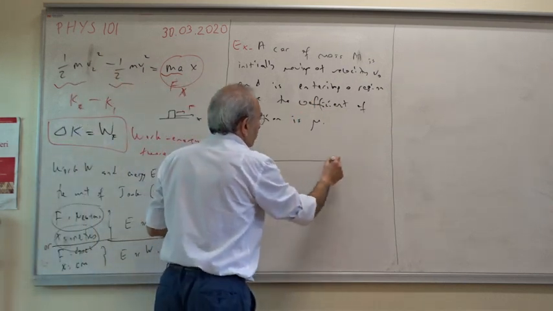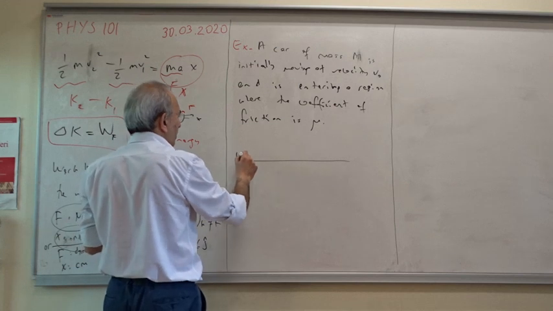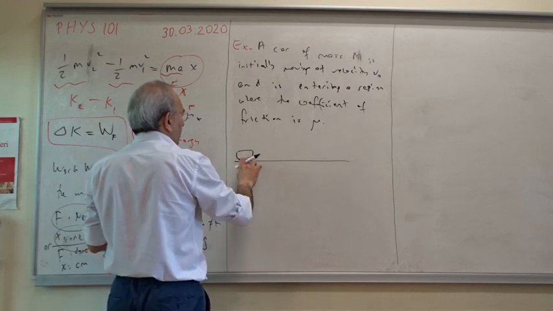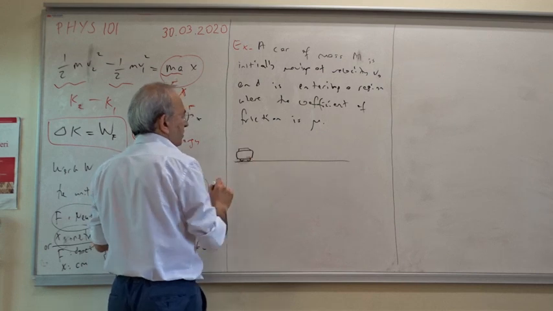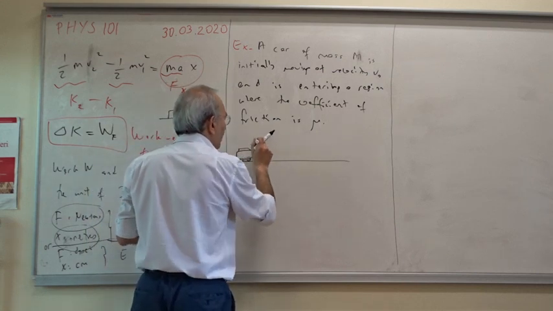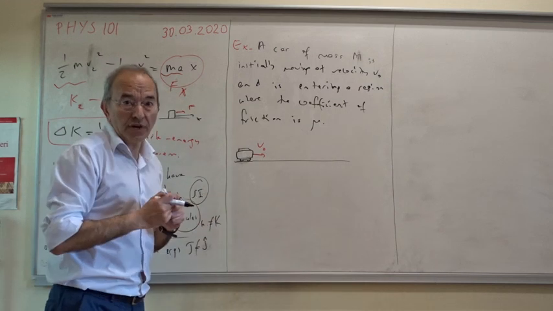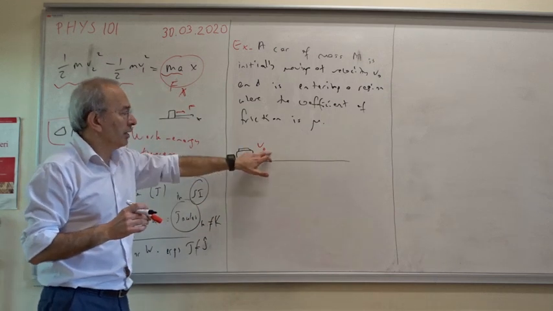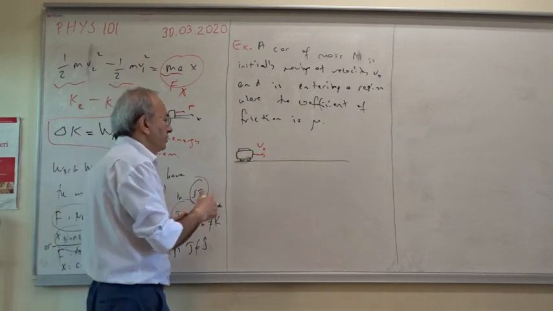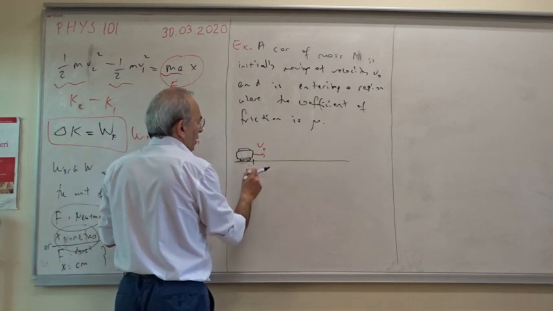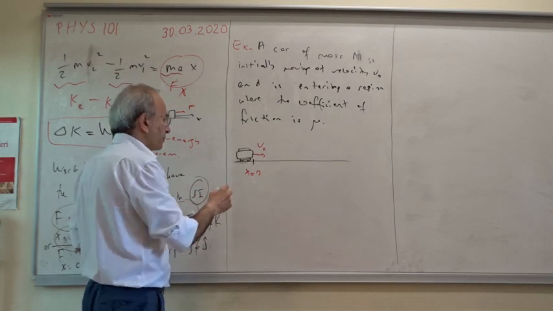So let me draw a simple picture for this. Here we have a car, although not a good one. Well, this is a car. It is moving at the initial speed of v0, so we are stuck to use the given parameters. It is not v1, it is v0, for instance. At position x equals 0.